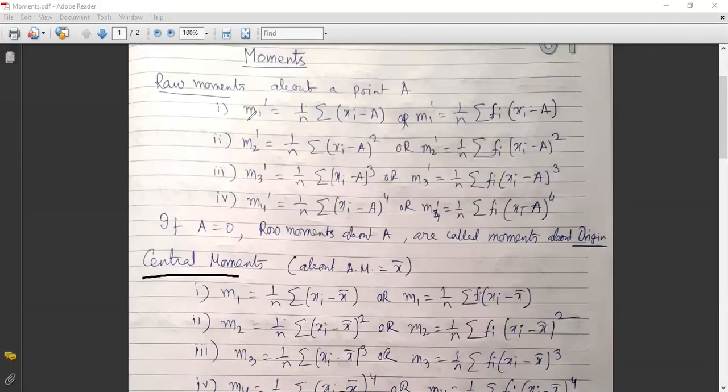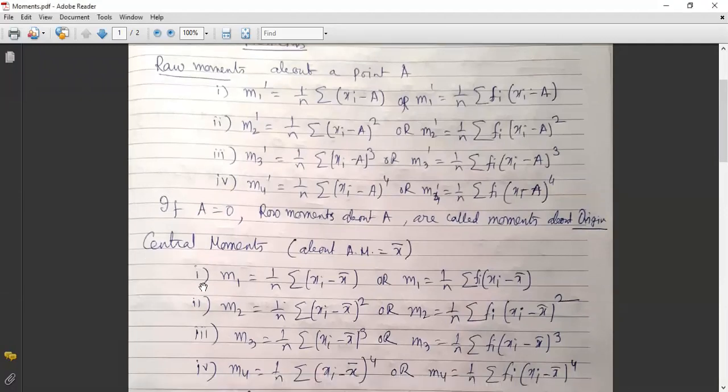This is called moment of first order, m1 dash. Second order moment m2 dash, third order moment m3 dash, and fourth order moment m4 dash. Normally, raw moments are represented by a dash symbol, and for the central moment calculation you can see m1, m2, m3, and m4.